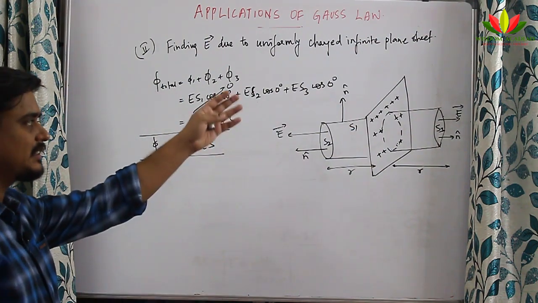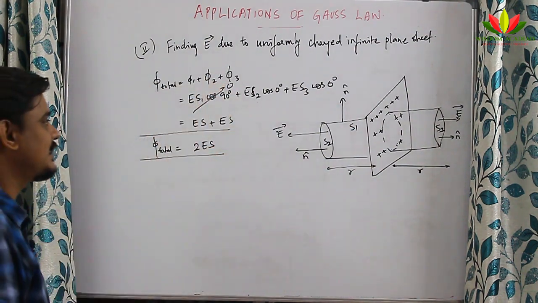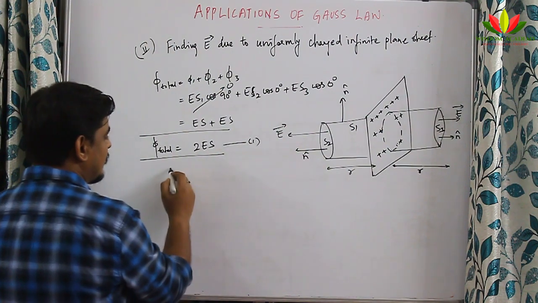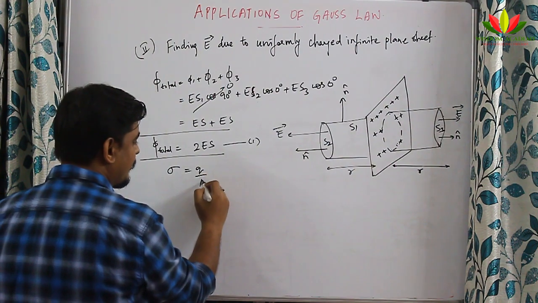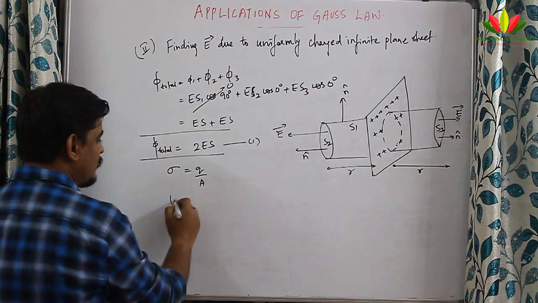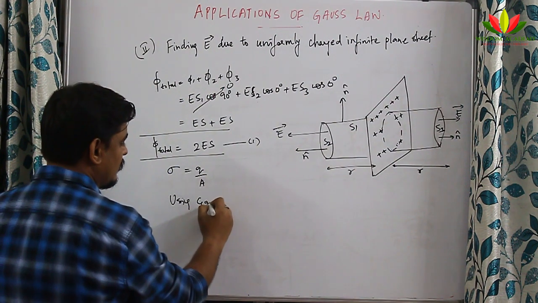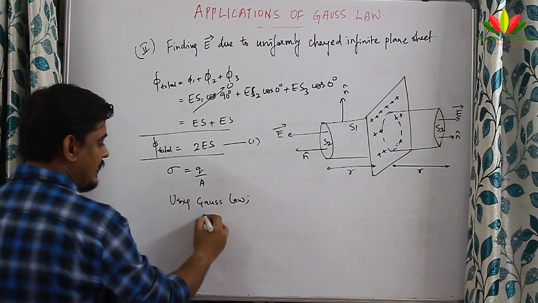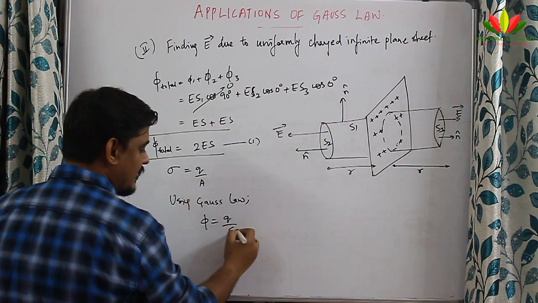Now, since the charge is distributed on the surface, I can take the help of surface charge density. Surface charge density sigma is equal to Q by A, and using Gauss law, phi is equal to Q by epsilon naught.